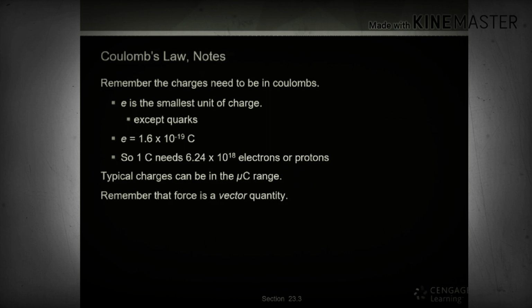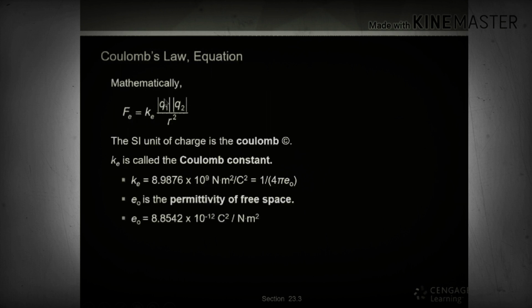There is something we should remember about Coulomb's law. The charges need to be in Coulomb. When we do this calculation, the unit for charge has to be Coulomb, and the unit for distance will be meter. Then we will get the force in Newton.